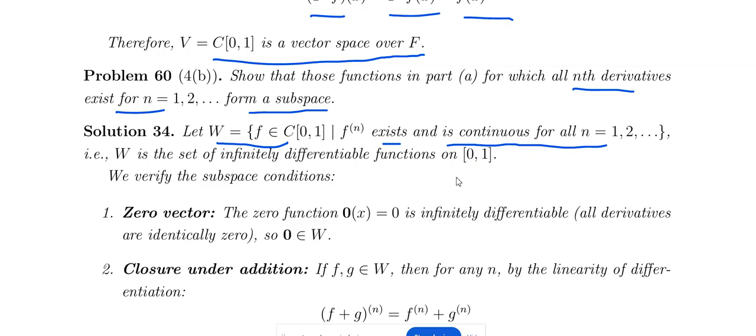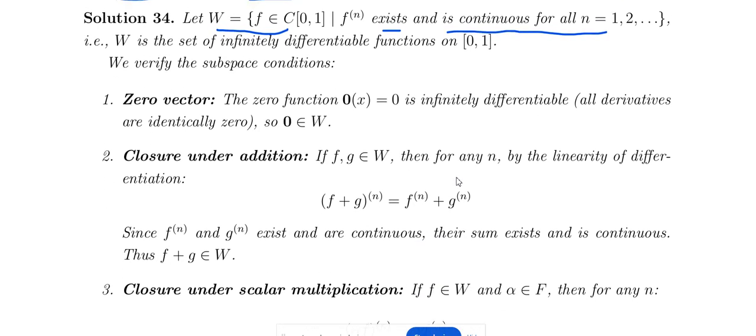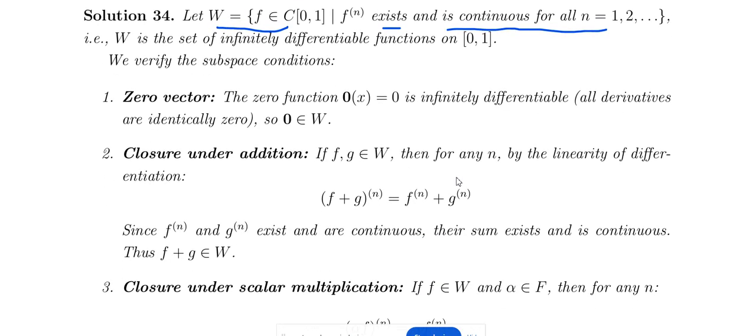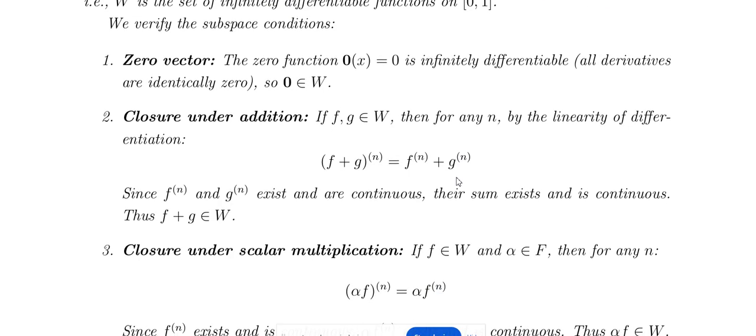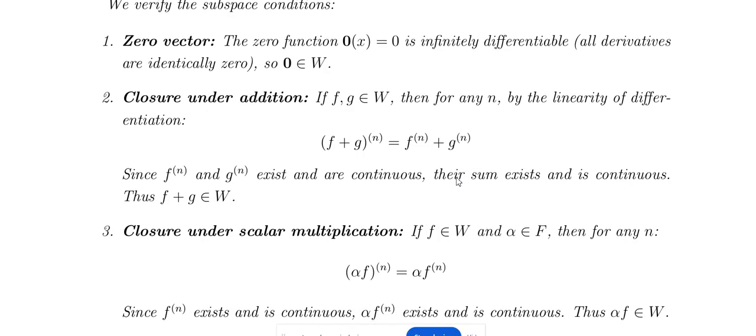We need to satisfy the subspace conditions, closure and scalar multiplication. You can do them separately or directly with one condition. Here, f, g belongs to W means what? f is a continuous function and the corresponding nth derivatives exist and are continuous on 0, 1 for n equal to 1, 2, 3 and so on.